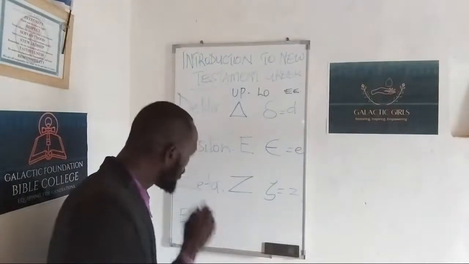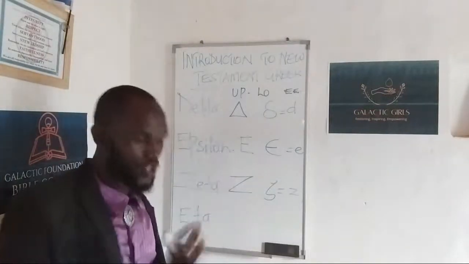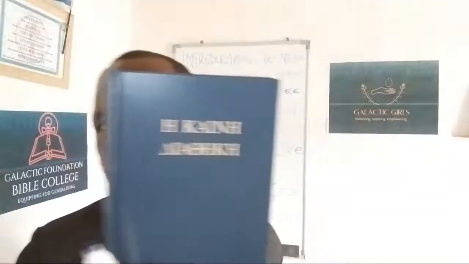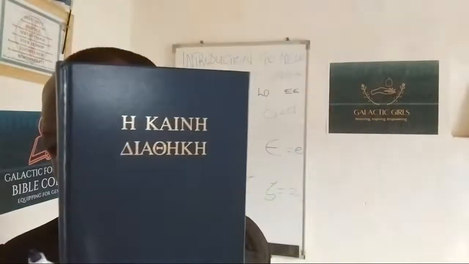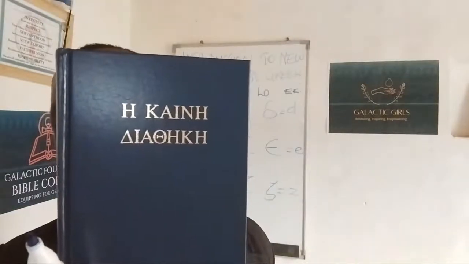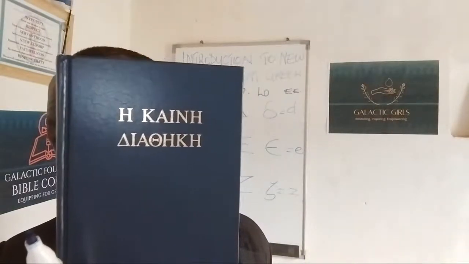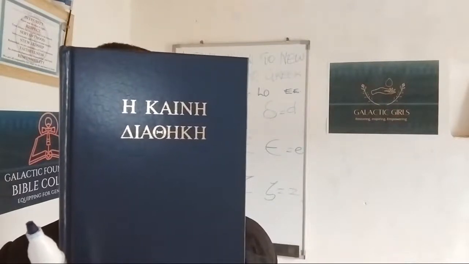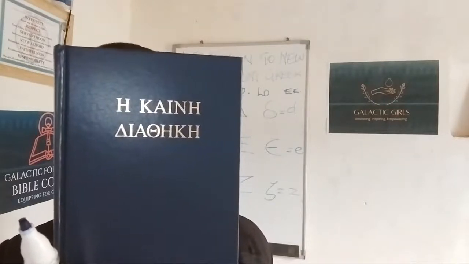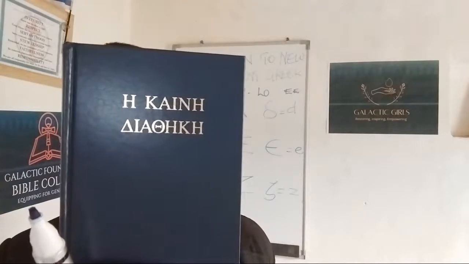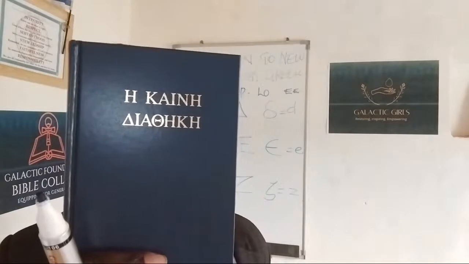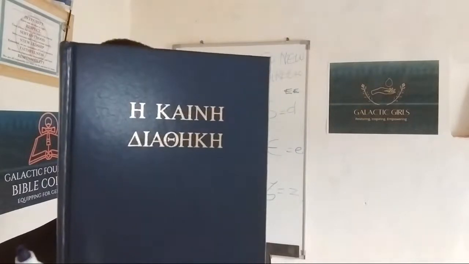Now, when you find this in the Greek text, so for example, let me show you this again. You notice the first letter there, which looks like the English H, and then the last letter in the one that begins with a kappa or K for now, and the one that begins with a delta. You notice all of them end with something that looks like an H in our English letters, right?